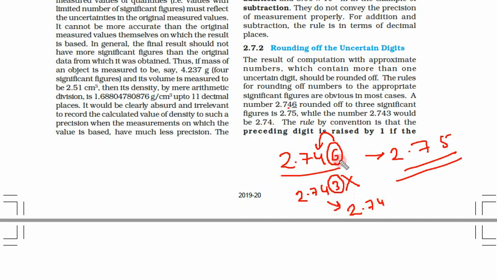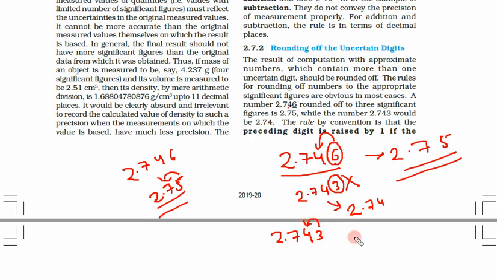Suppose we have to round it off further. 2.746. Then what will we do? This number is 2.75. Now how will we round it off? 2.75, we cannot round it off this way. We have to think about another technique. But let us see this number, 2.743.